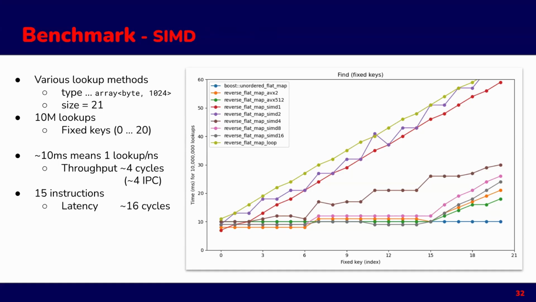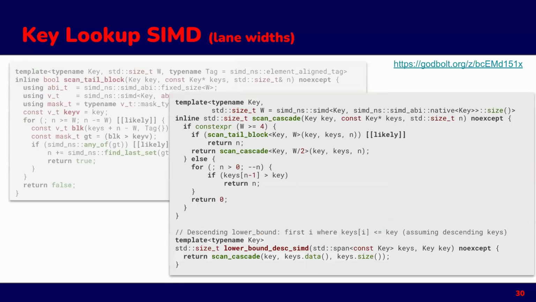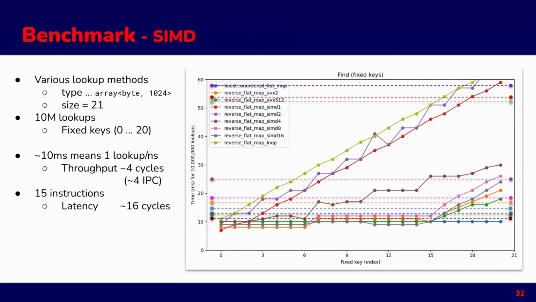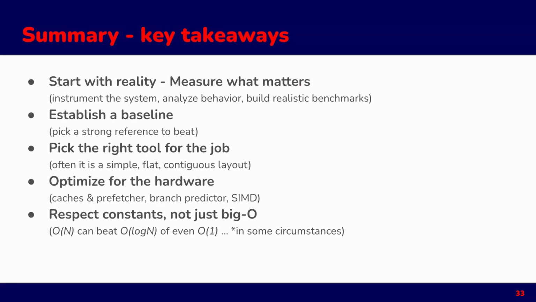The steps are keys at a time, and the worst one I would say is SIMD 2. Maybe we see some overhead here. That's why in the cascade I use this condition: when we are below 4, we just go for scalar code. And here is the hot keys benchmark.